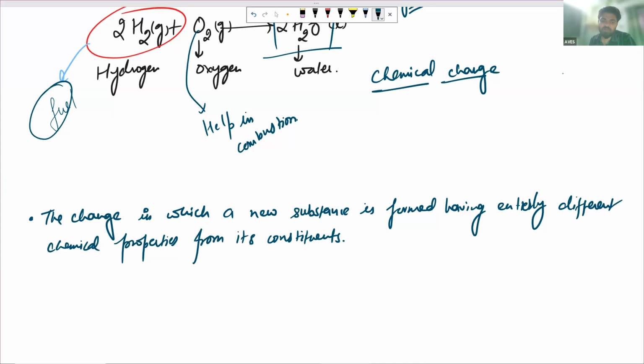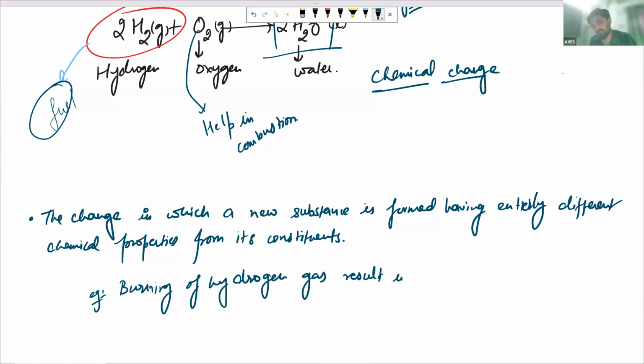For example, burning of hydrogen gas results in the formation of water.